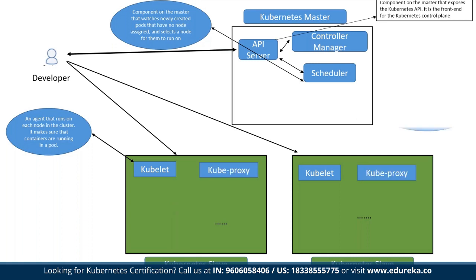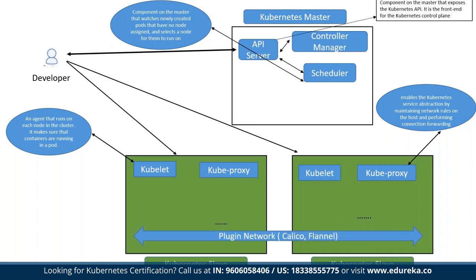Kube-proxy enables the Kubernetes service abstraction by maintaining network rules on the host and performing connection forwarding. It is for networking purposes, guys. Then how does one node communicate to another node? For that, we have CNIs, container network interfaces.